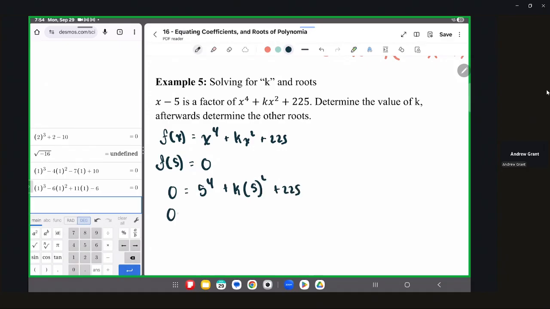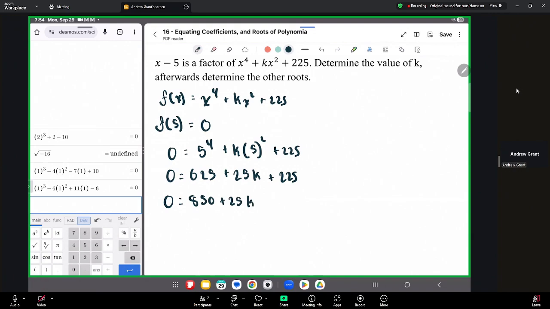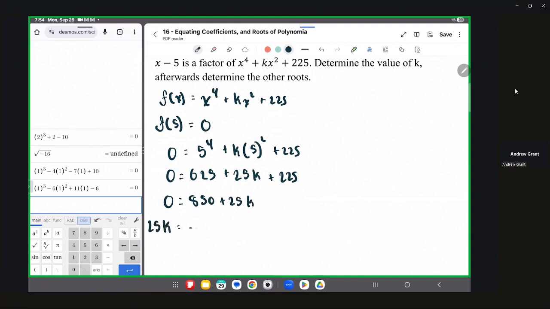So 0 would be equal to 5 to the power of 4 plus k times 5 squared plus 225. 5 to the power of 4 is 625, plus 25k, plus 225. 625 plus 225 is going to be 850, plus 25k. Move the 850 over. We end up having 25k is equal to negative 850.